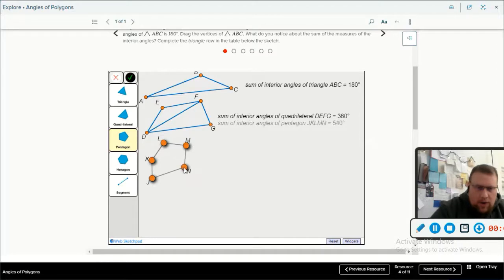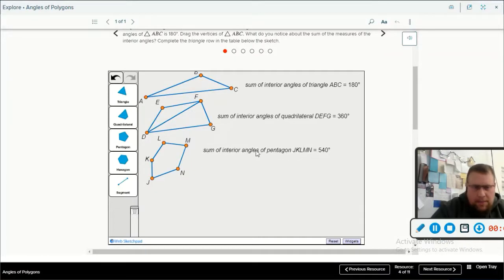And again, these are not regular. All regular means is that all the sides are the same. I'm making them irregular on purpose to show you that that doesn't matter. The sum of the interior angles of pentagon JKLMN is 540 degrees. I'm going to go ahead and draw the diagonals LN and LJ.